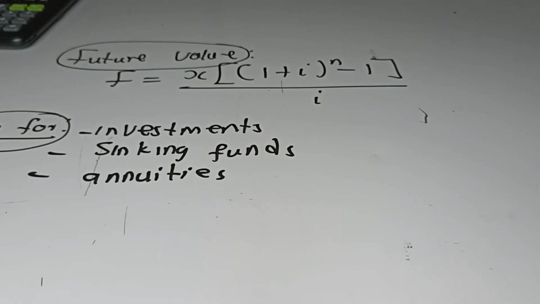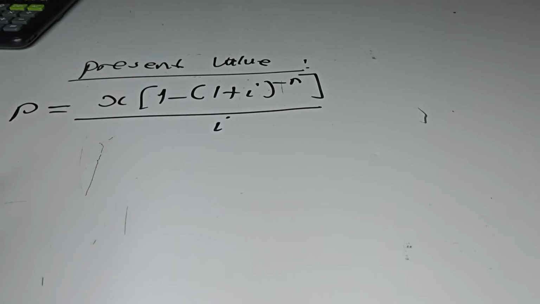Okay, let me show you the one for present value. Our formula is P equals X, 1 minus 1 plus I to the power of negative N, everything divided by I.